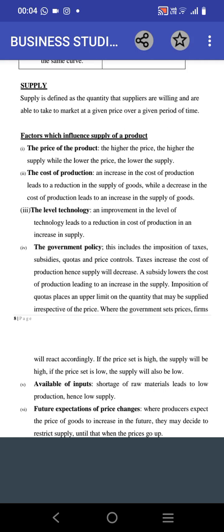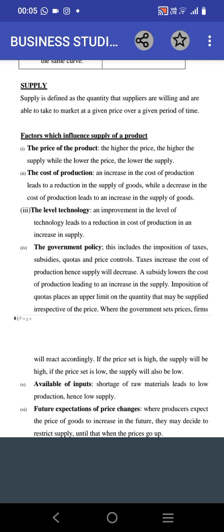Government policy. Yes, the government policy determines the tax, and it controls the price.